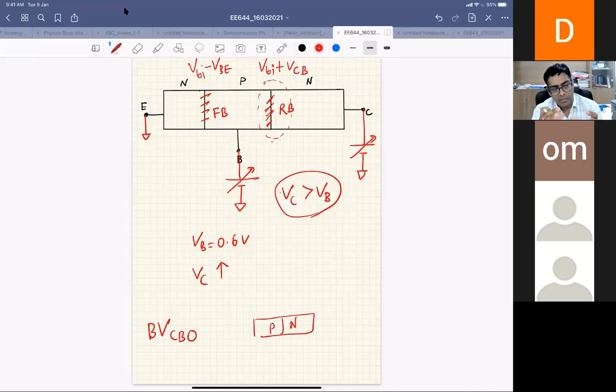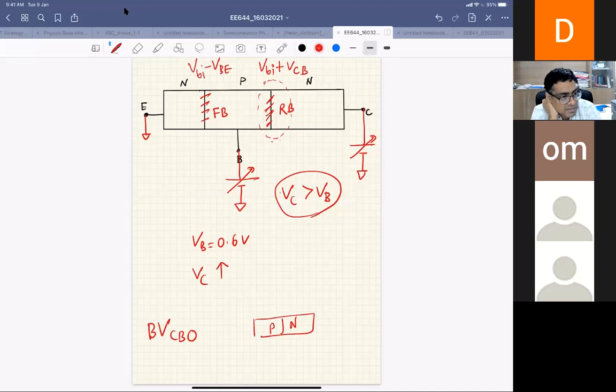This is the breakdown voltage of the collector base junction when the emitter is open. That means you are not applying any voltage to the emitter. You are just applying reverse bias voltage across the collector base junction, and then you see at what voltage the collector base junction breaks, right?